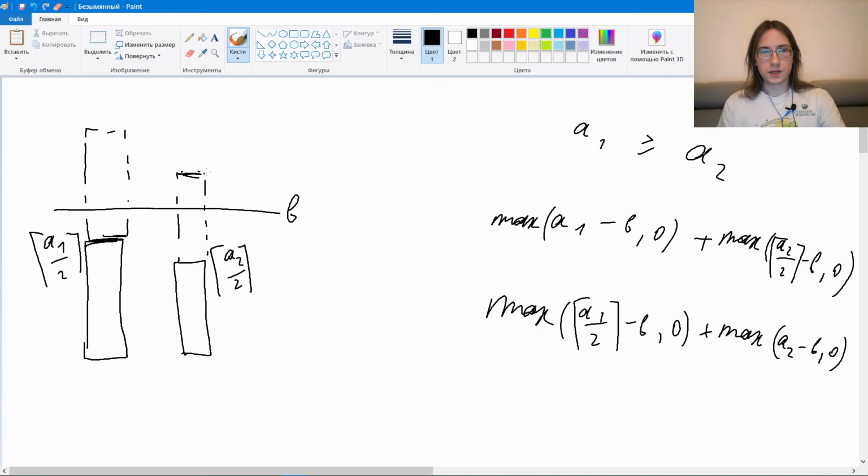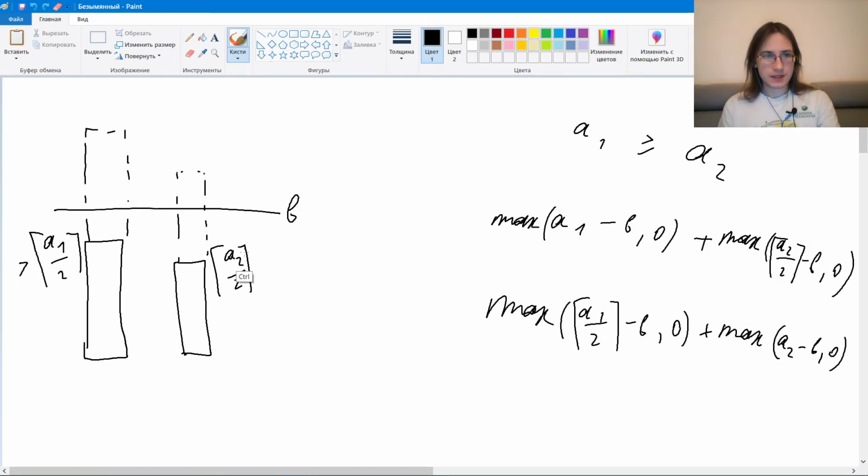So this number will become 0, and this is what remains. So in the first scenario, this is what the sum will be equal to, and in the second scenario, this is what the sum will be equal to. Of course, this is less or equal. So in this case, when b is larger or equal to a1 over 2 rounded up, this will be less or equal.